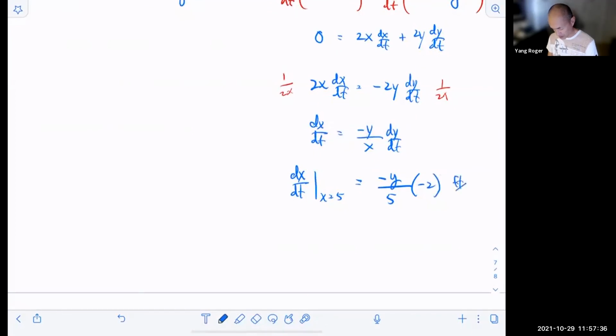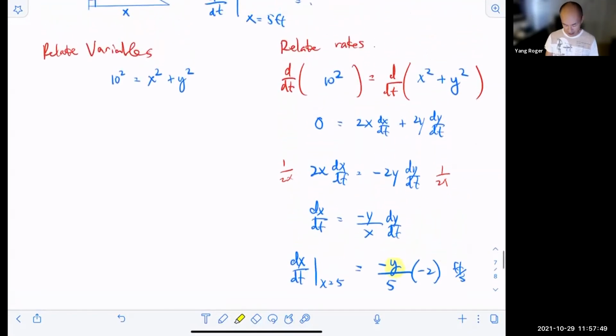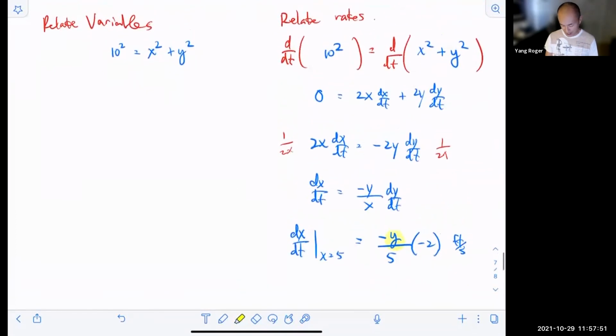And the units will be feet per second. I have a small issue here. I don't know what y is. Does anybody have any brilliant suggestions for me? How am I going to find y?